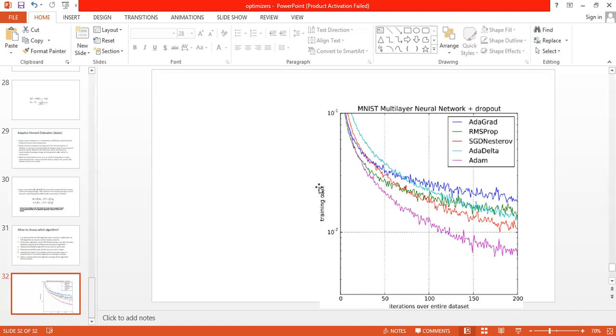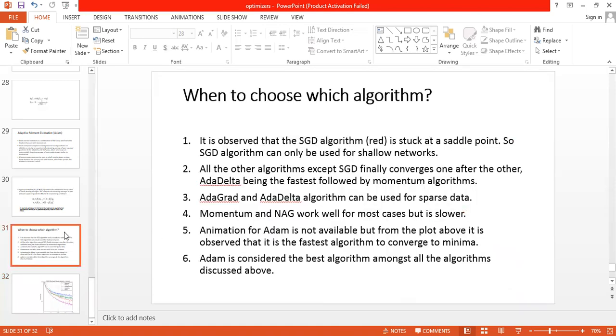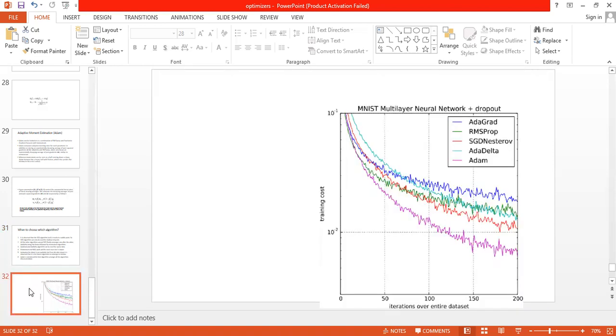Based on this figure, we can conclude some points. The SGD algorithm gets stuck at the saddle point. So SGD can only be used for shallow networks, where the graph does not have many ups and downs, because the problem with SGD is that it gets stuck at a local minimum.